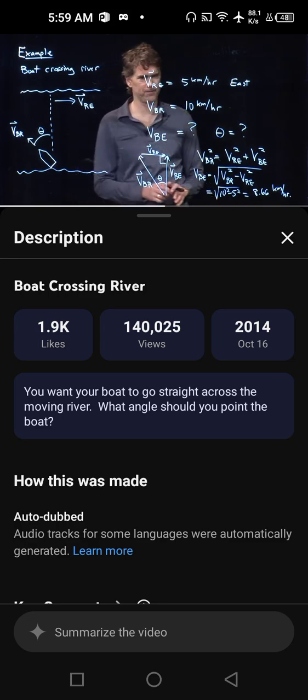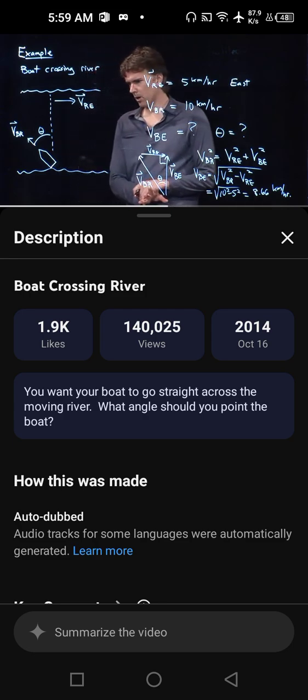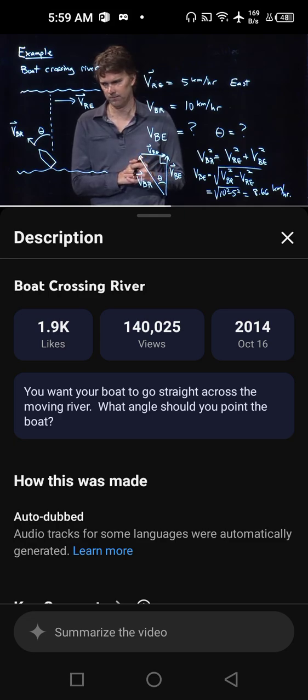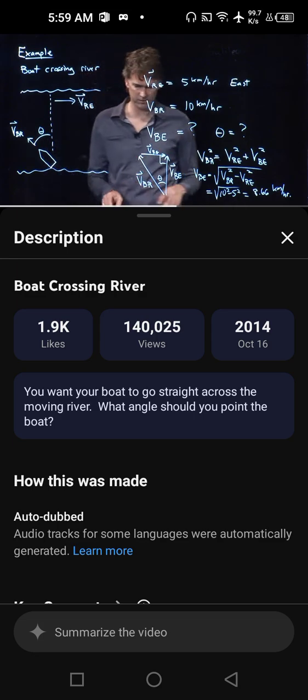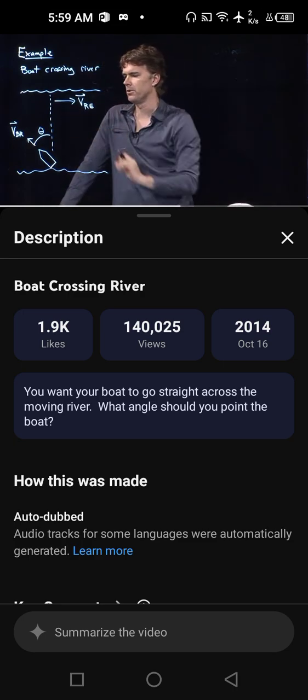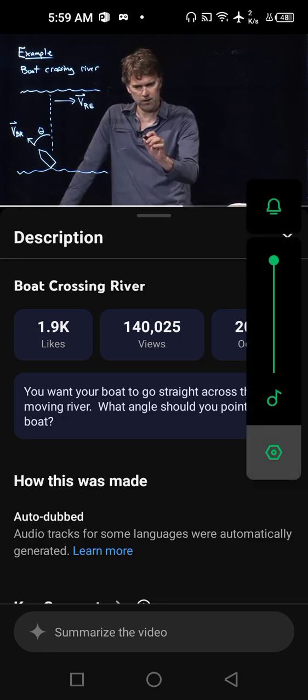How else could we do this problem? I would use trigonometry. Okay, so what would you do with trigonometry? I would take the velocity of the boat relative to the river and either use sine or cosine. Okay, excellent idea. Yes. Let's try that. So Ian's suggesting that we go back to the original picture and we do a little trig using sines or cosines. Let's try that, right?